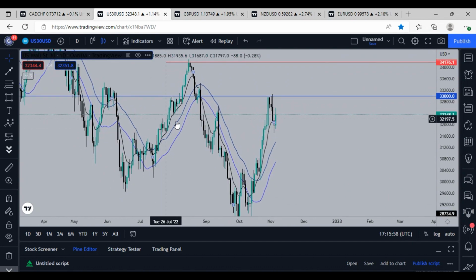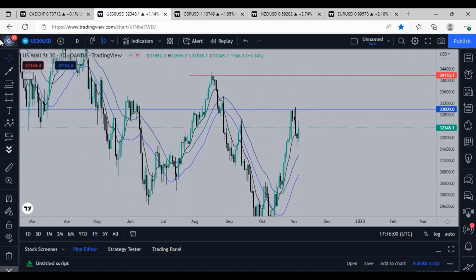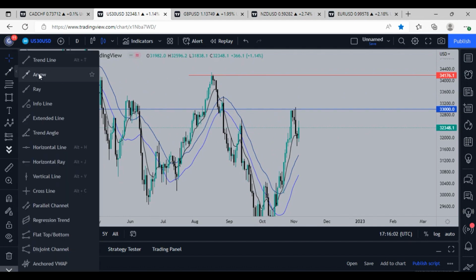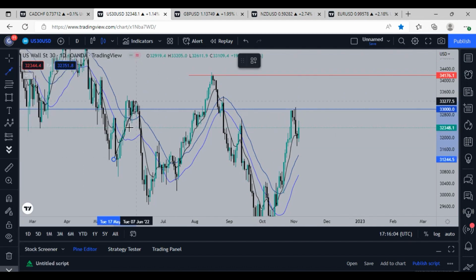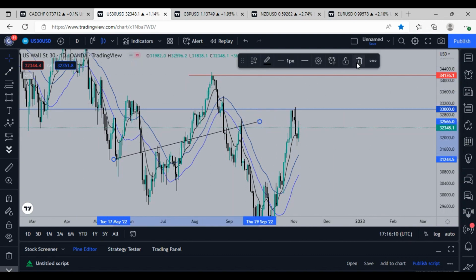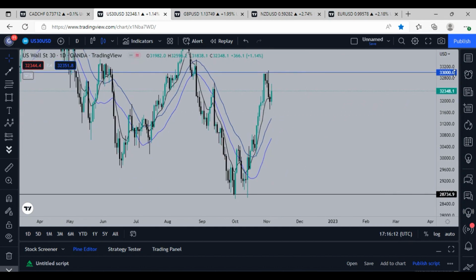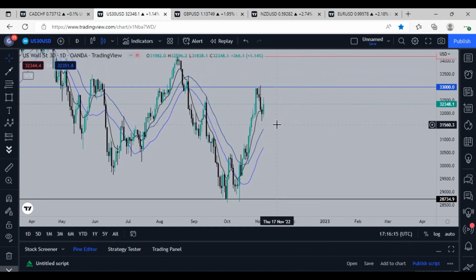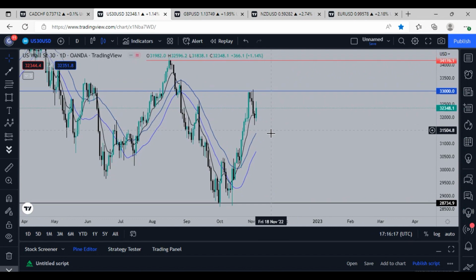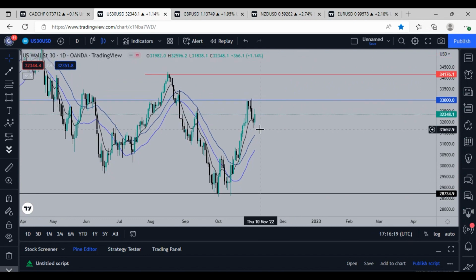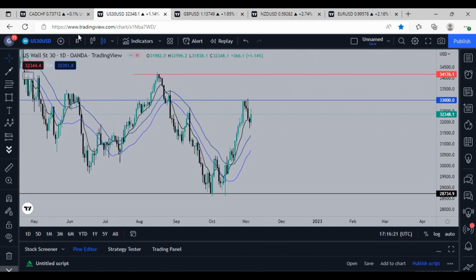Especially because you can see a head and shoulders. This is your left shoulder. This is your head. This could perhaps become a right shoulder. Okay, it could perhaps happen with the way price has been detailed to us. That's what I see on the daily so far.